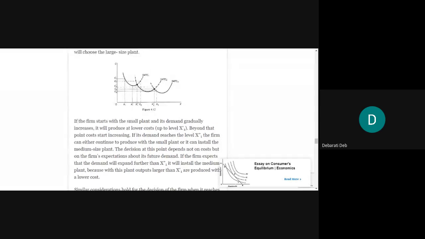Okay, if the firm starts with a small plant and its demand gradually increases, then it will produce at lower costs up to X1 dash. Now think about yesterday's discussions during this week. That lowest point is the optimal point, right? Where the cost is the optimal one, production is also the optimal one, right?